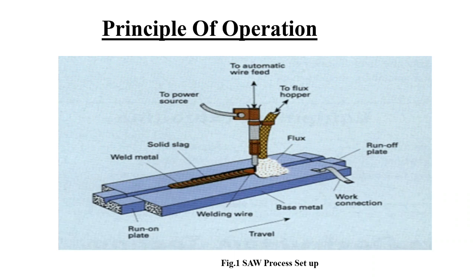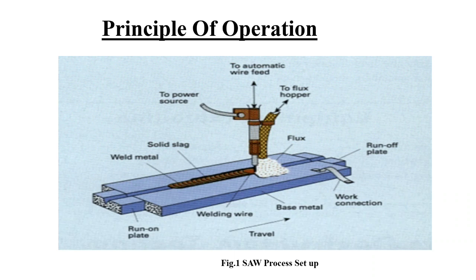In submerged arc welding, the arc is maintained under a mass of fusible granular flux. The process is schematically shown. First, the flux containing calcium oxide, calcium fluoride, and silica is sintered to form a porous powder. The granulated flux is spread over the joint to be made. The consumable electrode is fed into the flux.